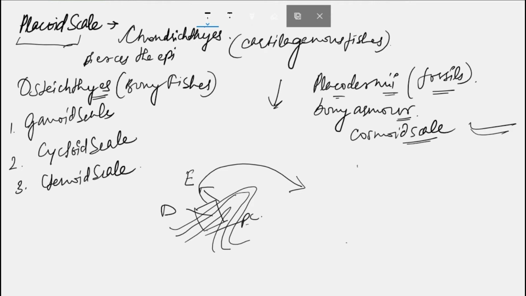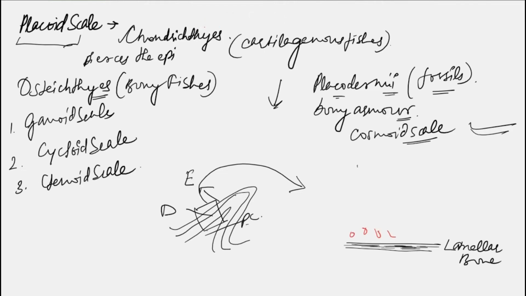The lowermost part of the scale contains a very compact bony part called lamellar bone. Because they are bony fishes, the hard part of the scale is formed from bones. So this is your lamellar bone, and above this lamellar bone is the soft bone, called vascular bone.